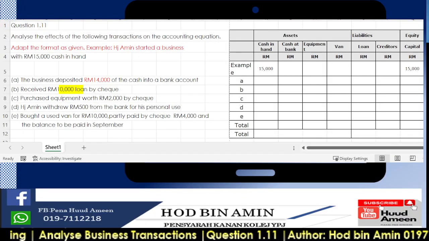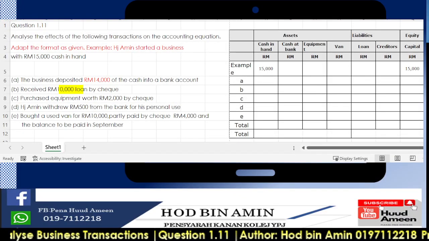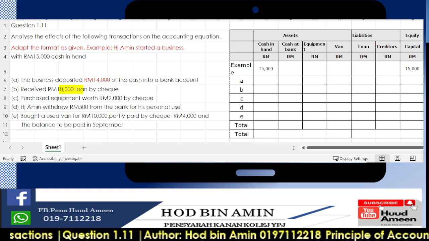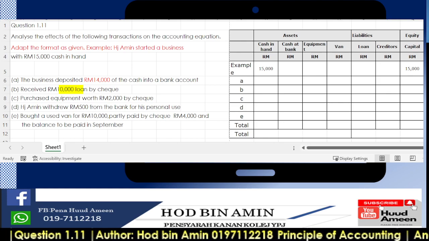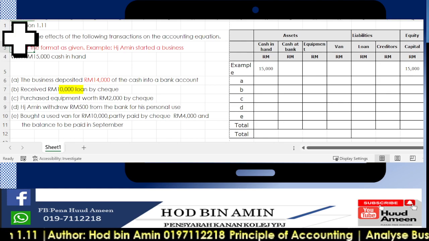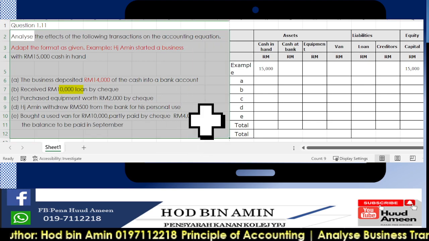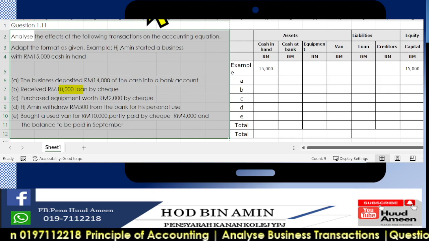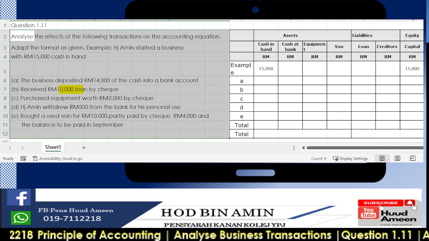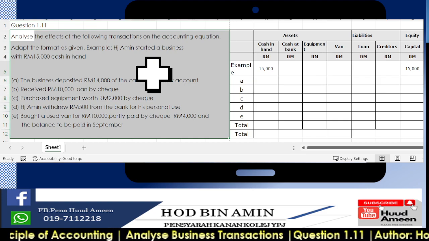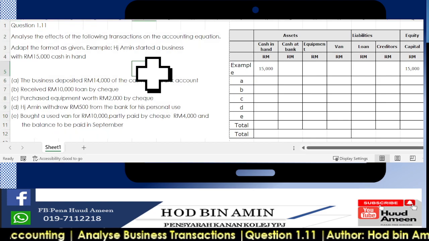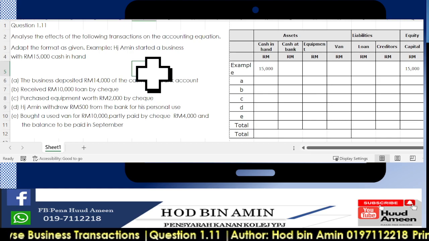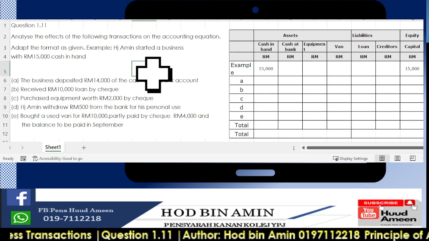Hello guys, today I would like to share with you question 1.1 regarding the principle of accounting, the topic of effects of business transactions.